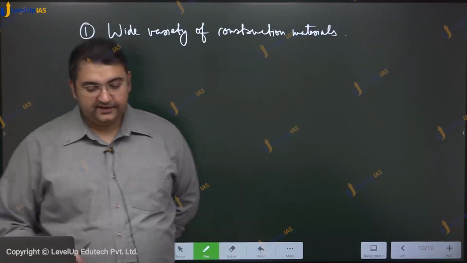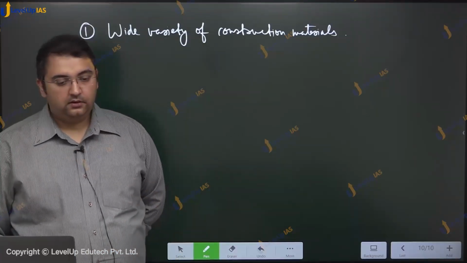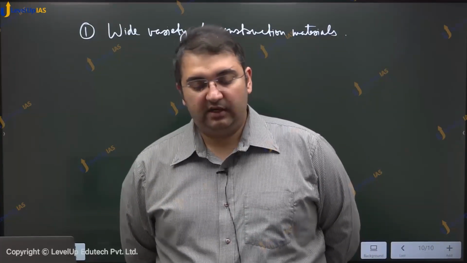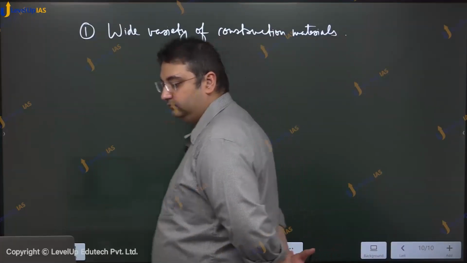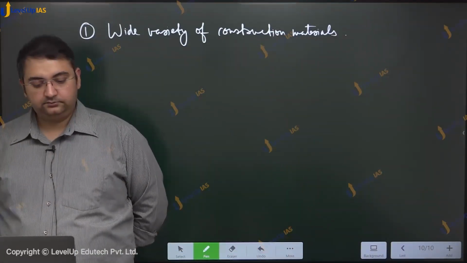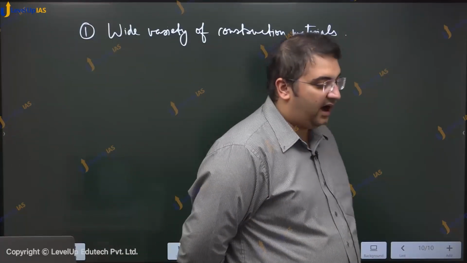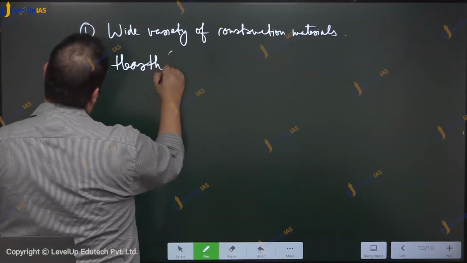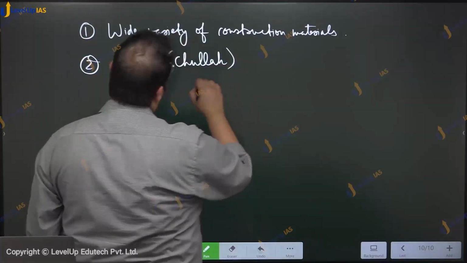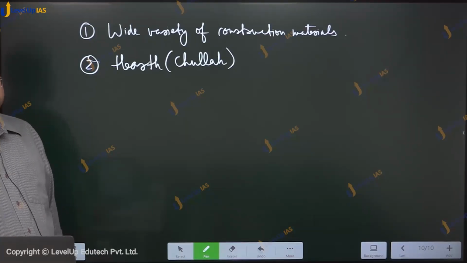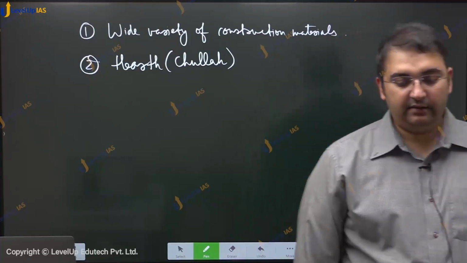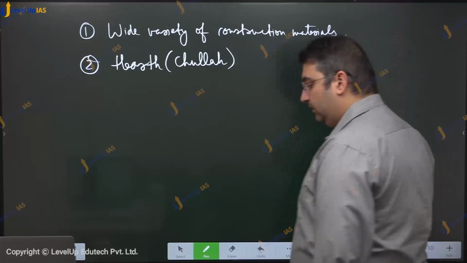ठीक है, नेक्स्ट मेन पॉइंट लिखो. In most Chalcolithic houses, the hearth or chulha was located inside the house, directly built into the kitchen floor.